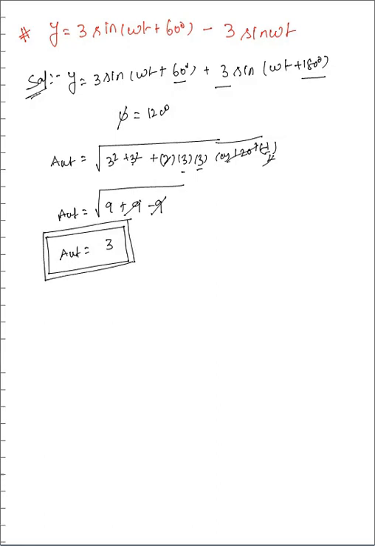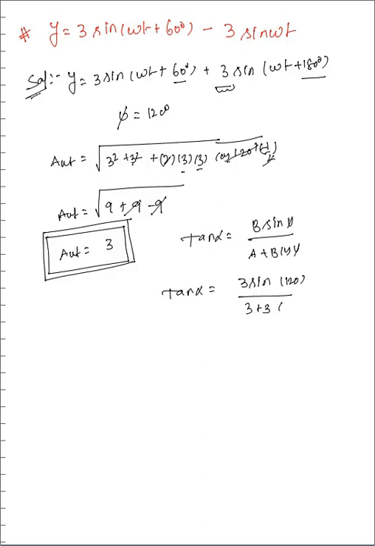Now we need to calculate tan alpha. Earlier we used to write tan alpha equal to B sin phi divided by A plus B cos phi. Therefore tan alpha equals 3 sin 120 divided by 3 plus 3 cos 120. 3 into sin 120 gives root 3 by 2, divided by 3 minus 3 by 2, which is 3 by 2.